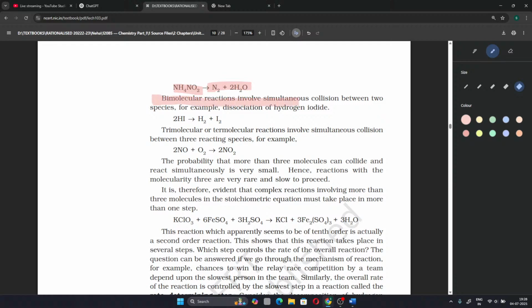A bimolecular reaction involves simultaneous collision between two species. For example, dissociation of hydrogen iodide, HI giving H2 plus I2. This is a bimolecular reaction because two molecules of HI dissociate to give H2 plus I2.